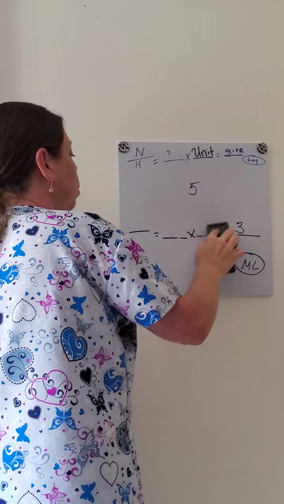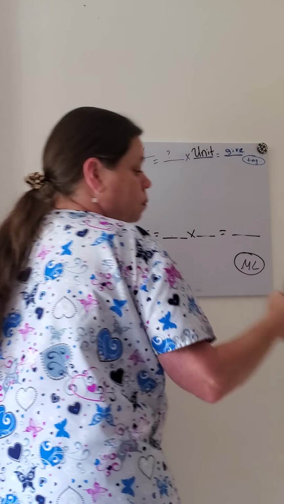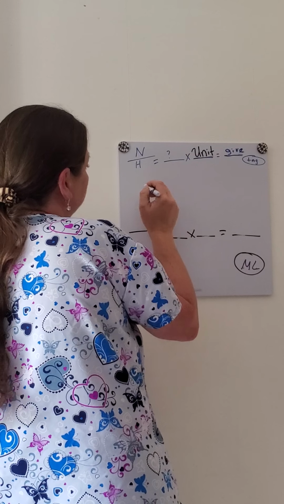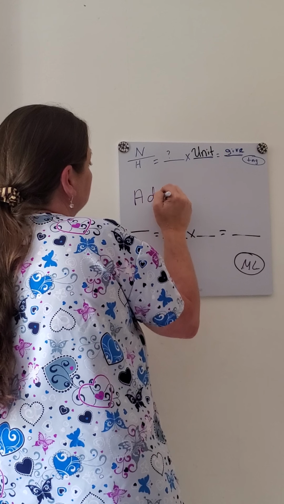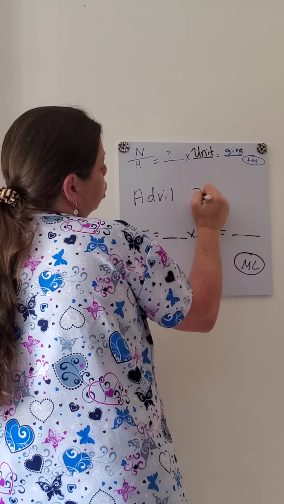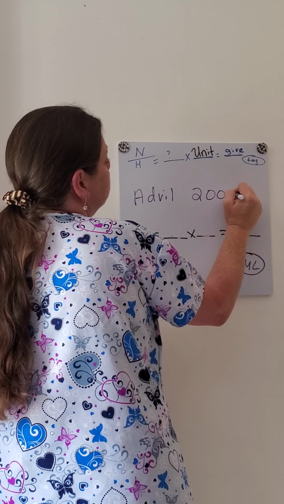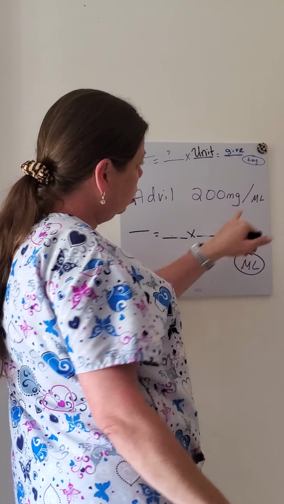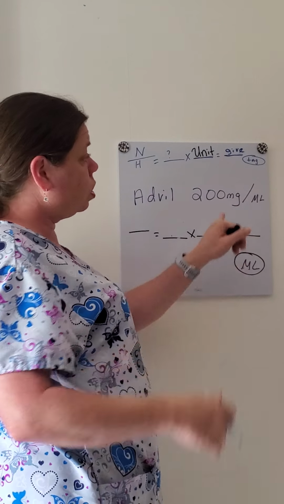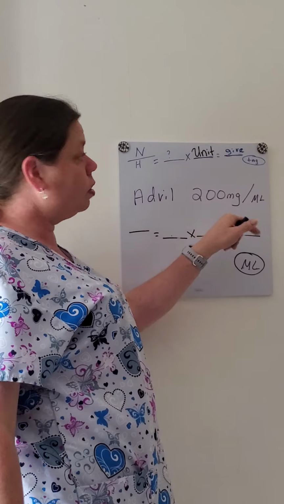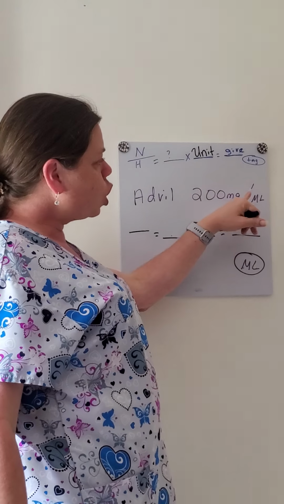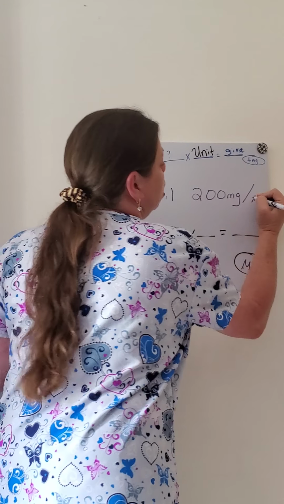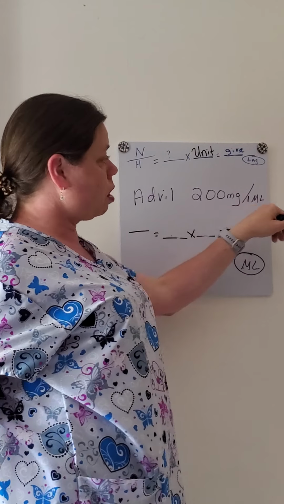Now, one more. Let me use another word that you guys are familiar with, right? Advil. And it says 200 milligrams / ml. But there's no number here, like you guys just saw on your worksheet, 2 ml or 5 ml. If there's no number there, but it does say /ml, then the answer is 1 ml.